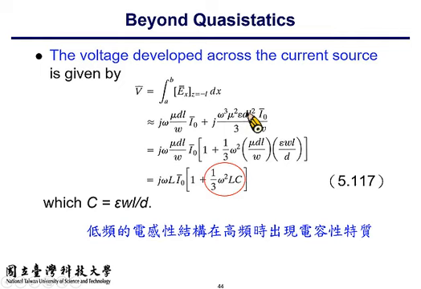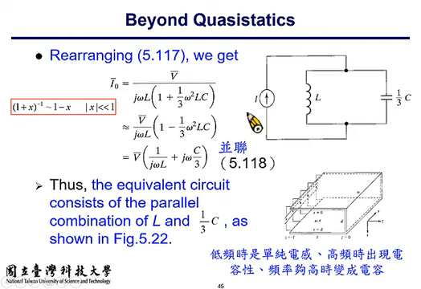Then the importance of the second term becomes higher and higher, and eventually the importance of the second term shall exceed the importance of the first one. So you will see that the structure may behave like a capacitor instead of an inductor.